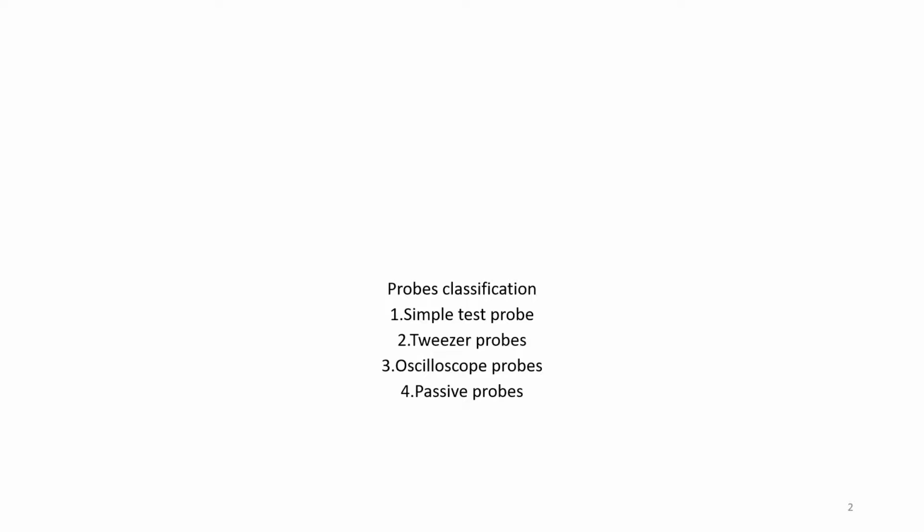So the response of the combination of an oscilloscope and a probe is given by the combined rise time TR, which is equal to the square root of the probe rise time squared plus the scope rise time squared. For example, a 50 megahertz probe feeding a 50 megahertz scope will give a 35 megahertz system.